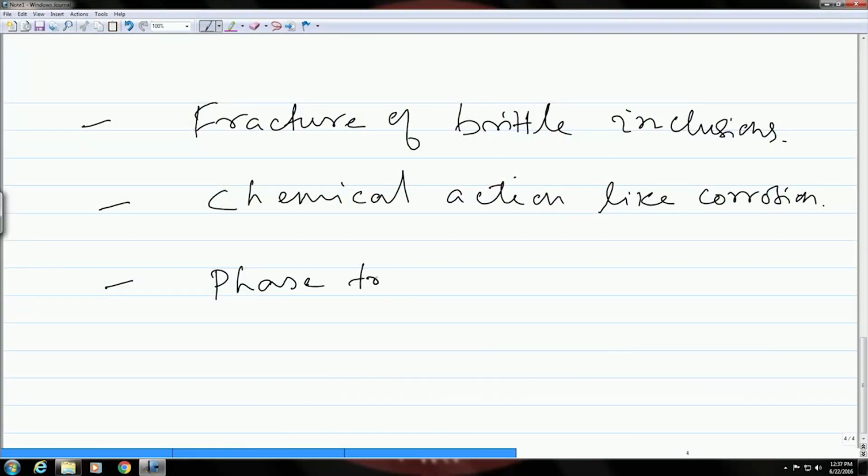So, phase transformation can also be a source of acoustic emissions in metals.